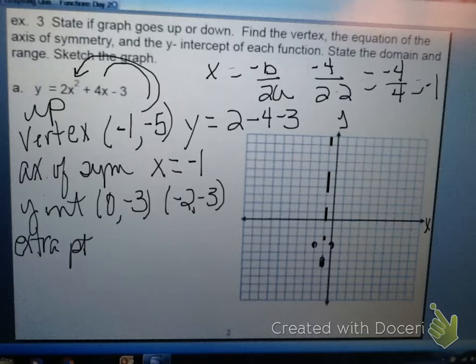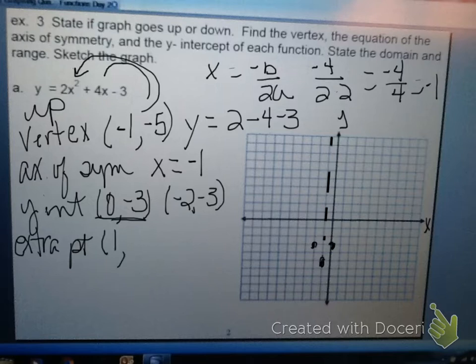Okay, so in the right direction is either to the right of this point or to the left of this point. To the right of this point, which is the right of 0, negative 3.